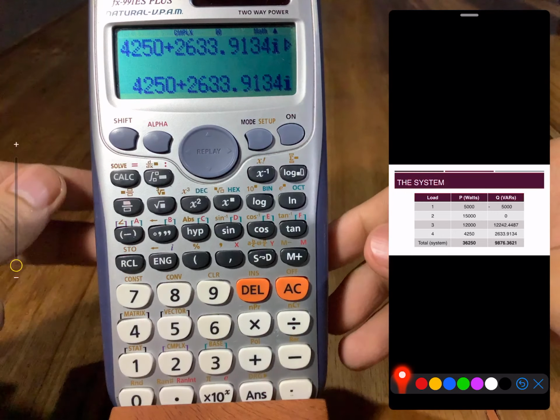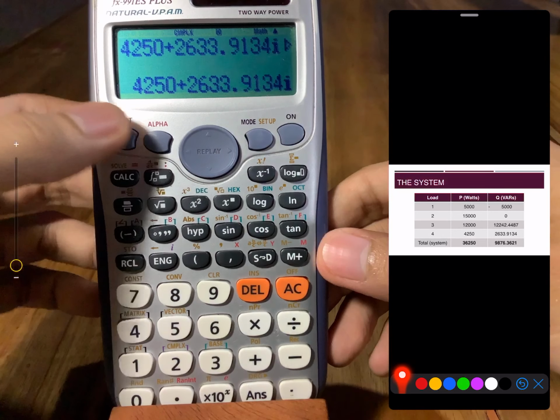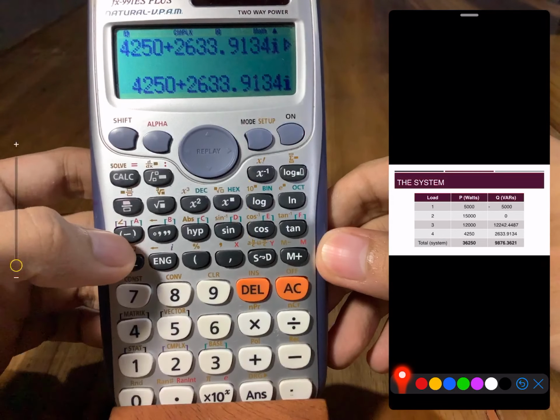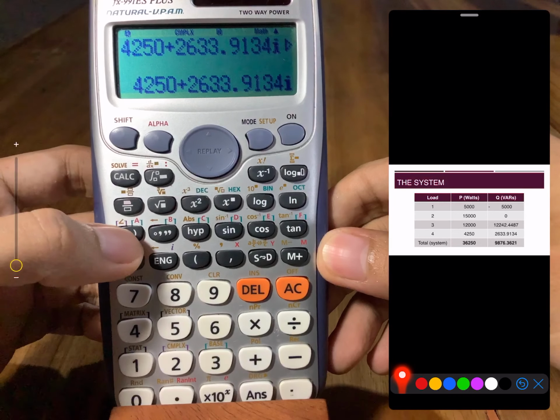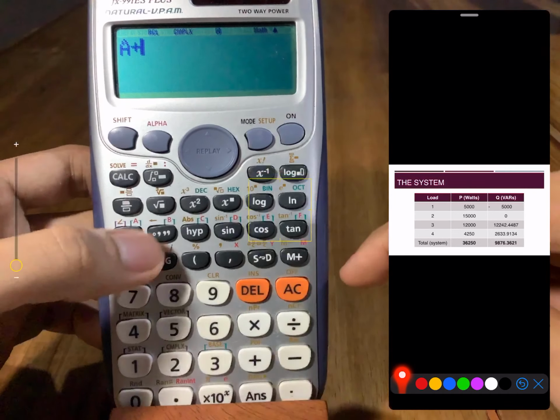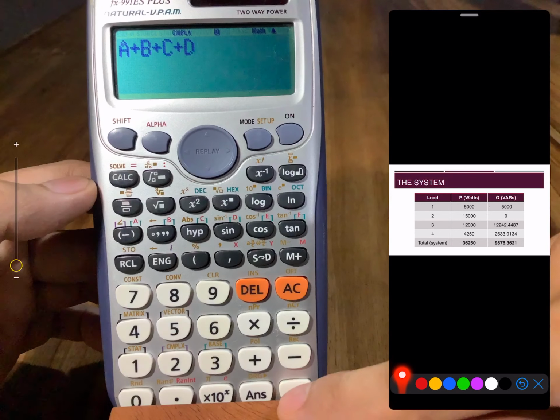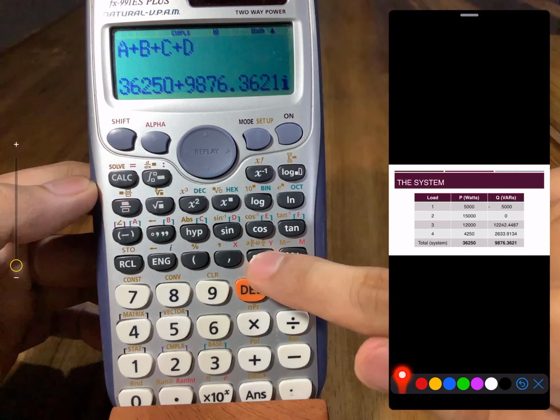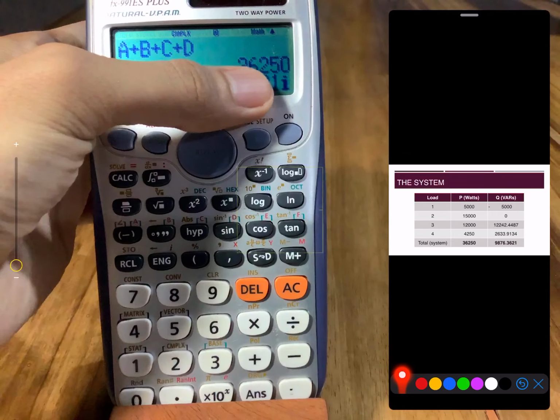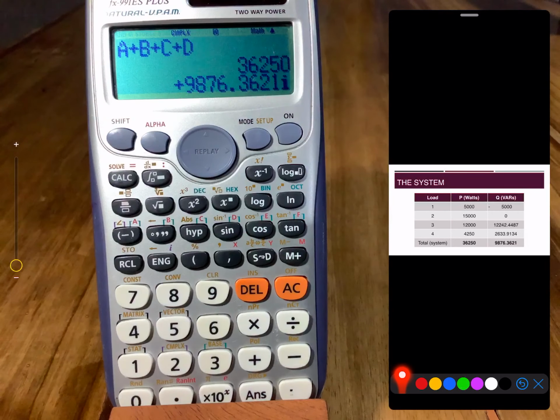In order to get the total power, we just have to get the summation: A plus B plus C plus D. And for the total power, we press this button, 36,250.